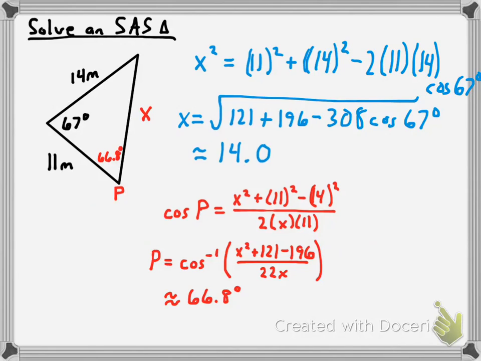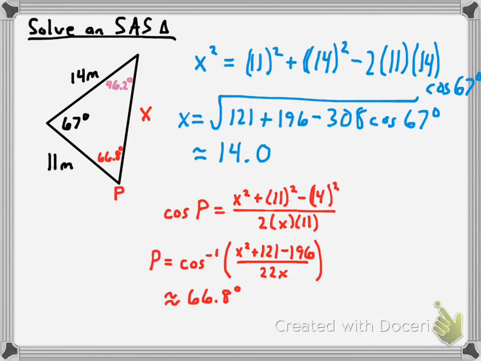But you can easily find the other unknown angle measure simply by adding up the two that you do know and subtracting from 180. And whenever you do that, you're going to find out that that third unknown angle is approximately 46.2 degrees. All right, there you go.